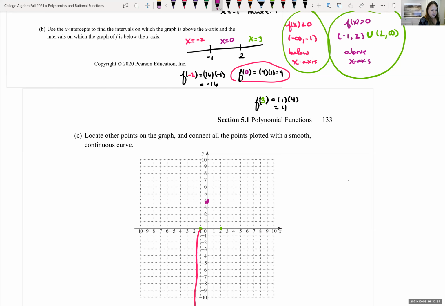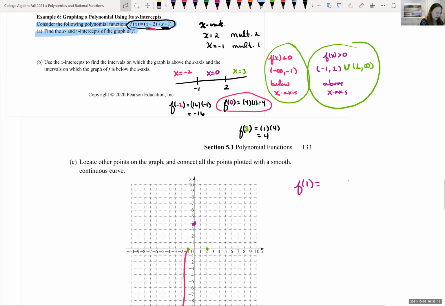So we could technically plot a couple more points in here. For instance, if we plugged in 1, let's see what we would get back. Let's get our function again. So we have 1 minus 2, which is -1. -1 squared is 1. And then we have this 1 plus 1, so times 2. So this is equal to 2. So at x equals 1, we have 2.